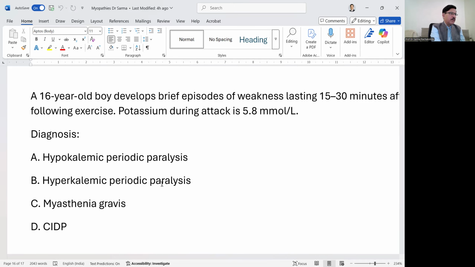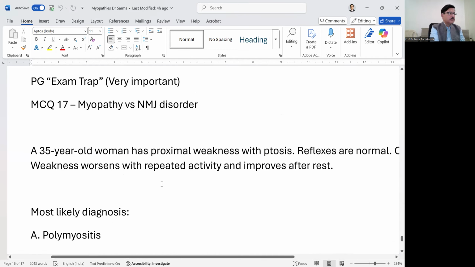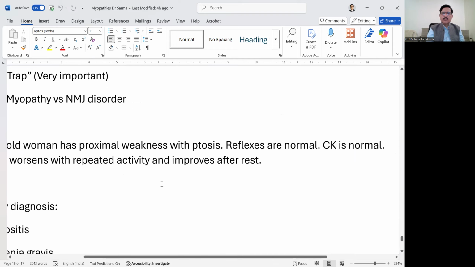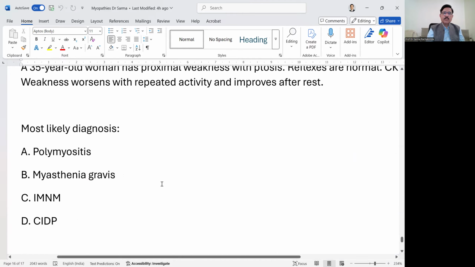This is very important. A 35-year-old man, reflexes normal, weakness worsens with repeated activity and improves after rest. With activity it is worsening, after rest it improves: myasthenia gravis. Polymyositis doesn't improve with rest. IMNM is also not like that.